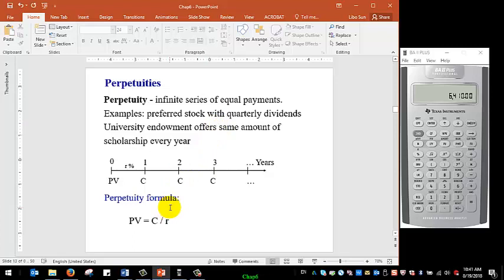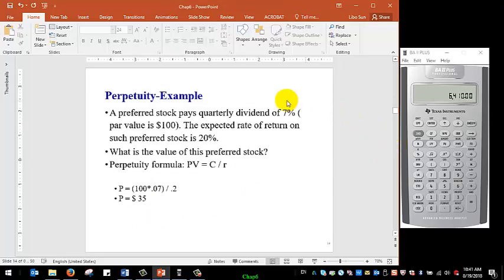To solve this type of perpetuity, we actually only use a formula. So the value of this type of cash flow is the periodic cash flow payment over the discount rate.